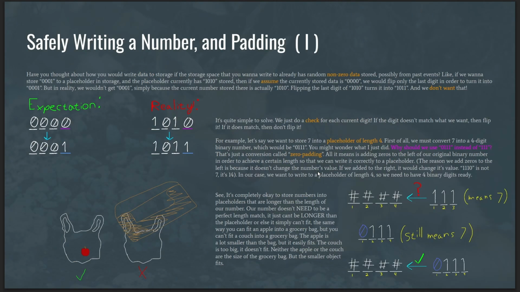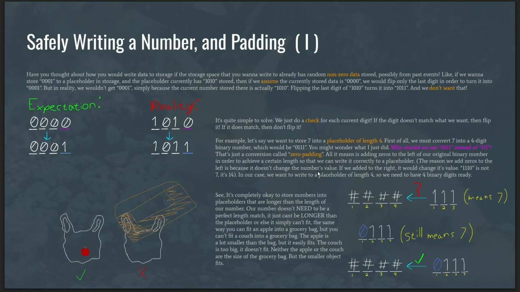Alright, have you thought about how you would write data to storage if the storage space that you want to write to already has random non-zero data stored, possibly from past events? Like, if we want to store 0001 to a placeholder in storage, and the placeholder currently has 1010 stored, then if we assume that the currently stored data is empty, so if it's 0000, then we would only flip the last digit in order to turn it into 0001.